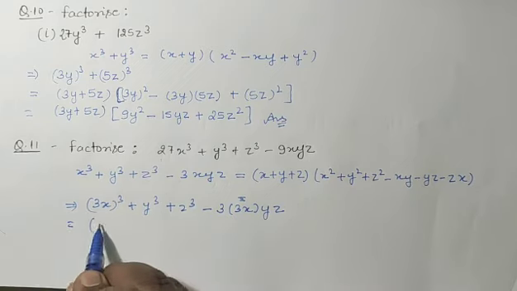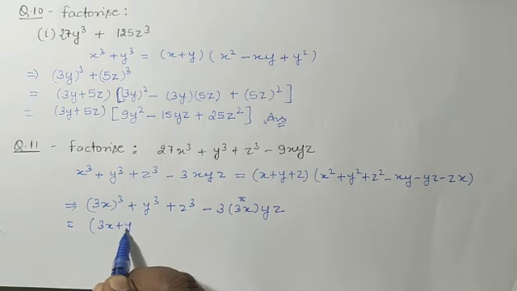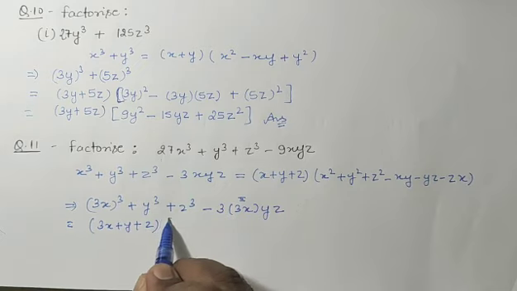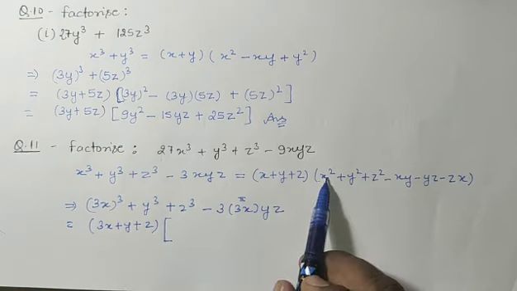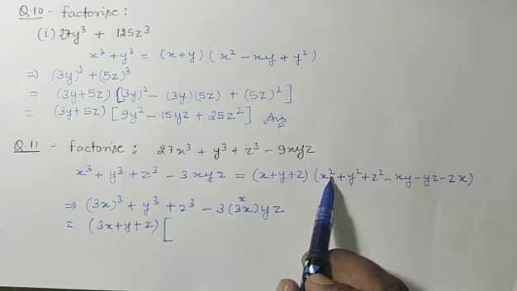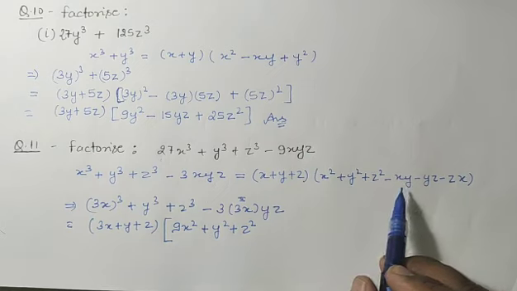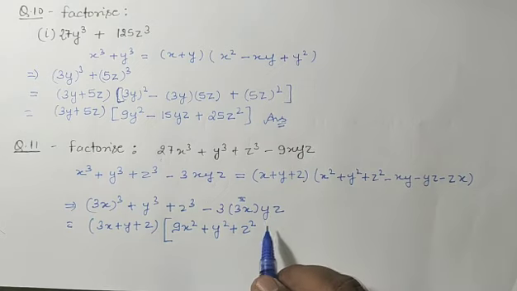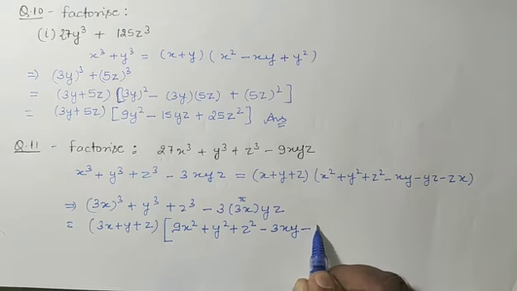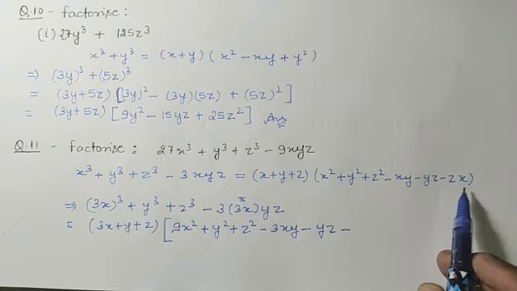So in the first bracket you will write 3x plus y plus z, and in the second bracket firstly the square of x. At the place of x 3x is there, so you will write the square of 3x, that is 9x square. Now y square plus z square, here it is minus xy, and at the place of x 3x is there, so you will write minus 3xy minus yz and minus zx.